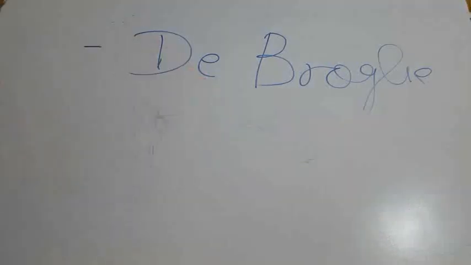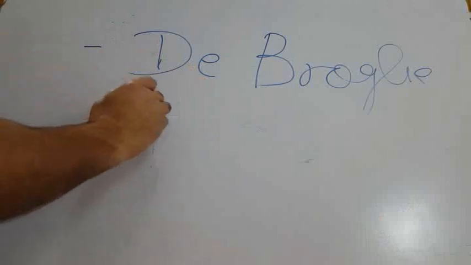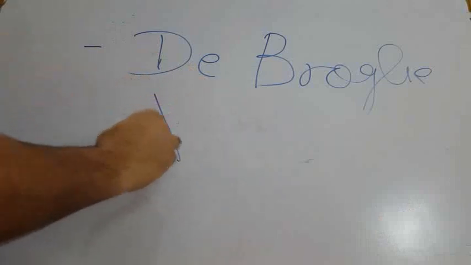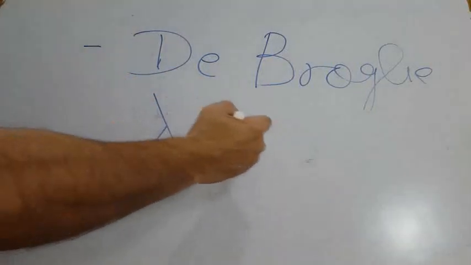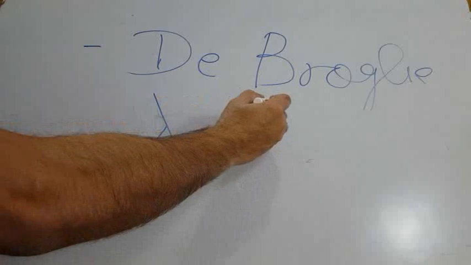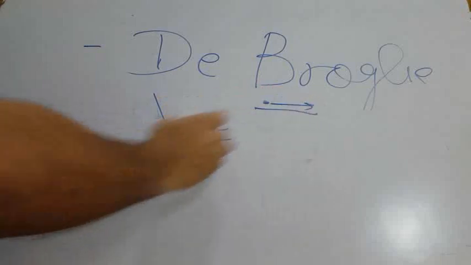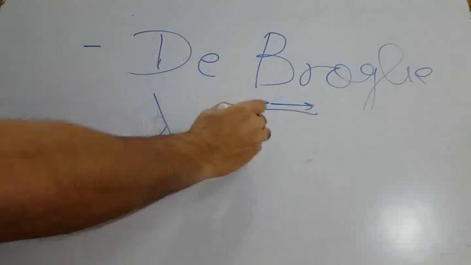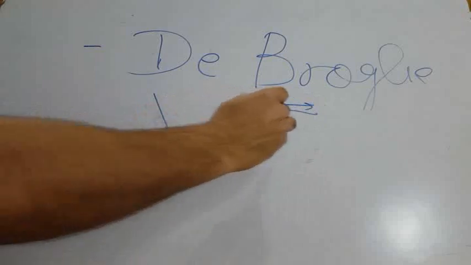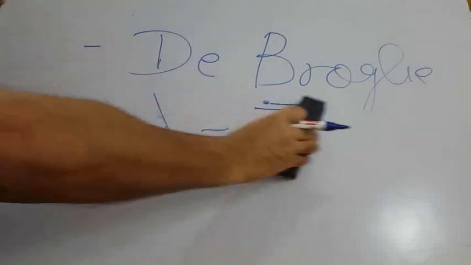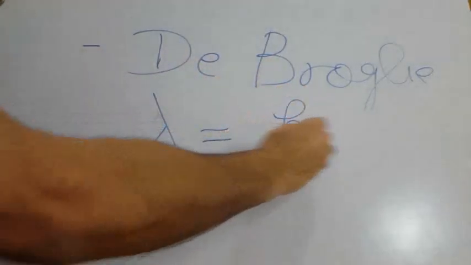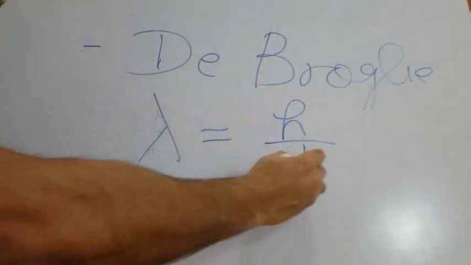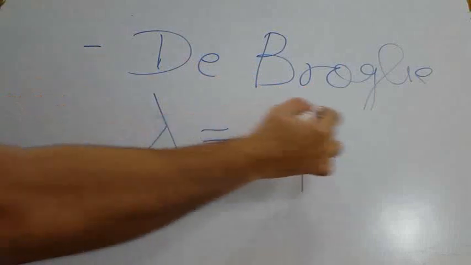And he formulated a mathematical relation between the wavelength lambda and the momentum of a moving particle, which is equal to the Planck's constant h divided by the momentum of the particle.